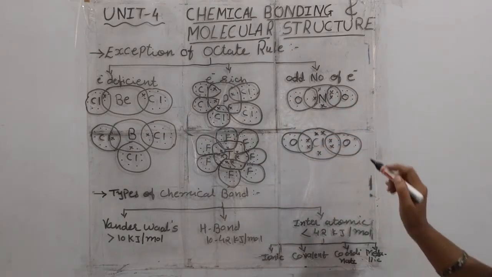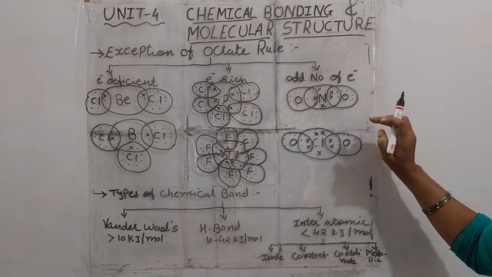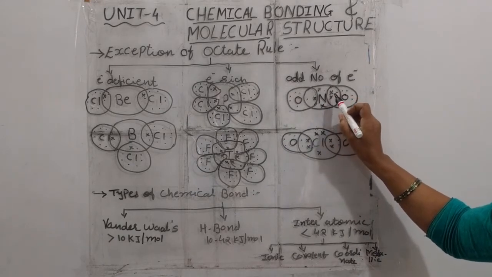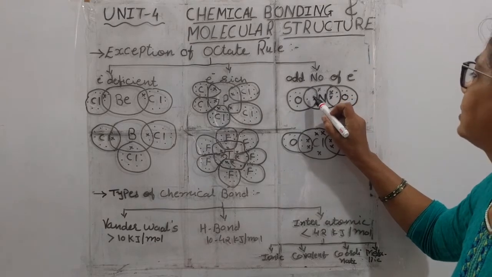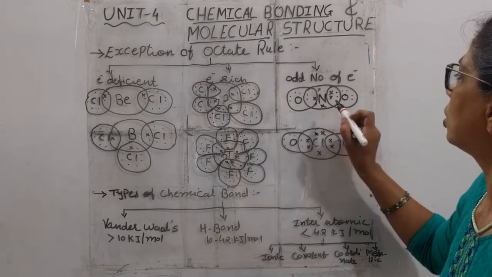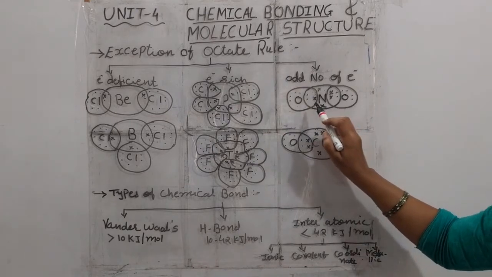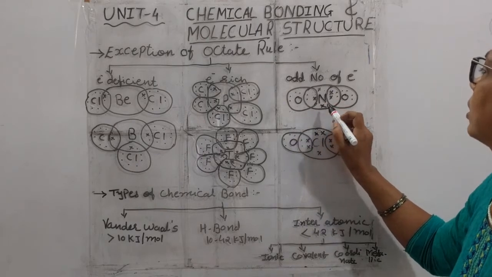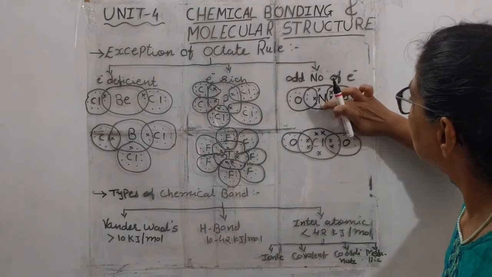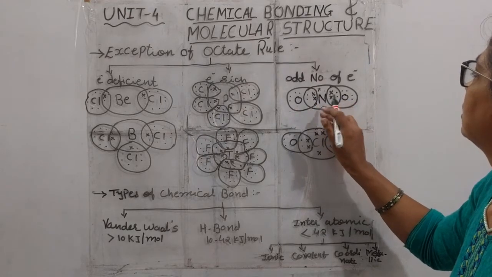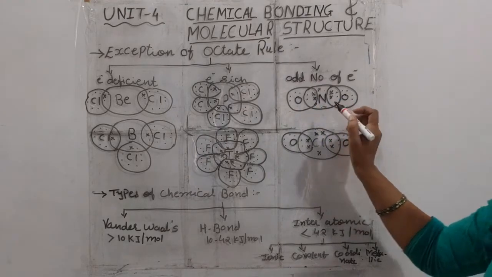So here you can see, student, but just think about the nitrogen: 1, 2, 3, 4, 5, 6, 7, 8 and this 9th electron.